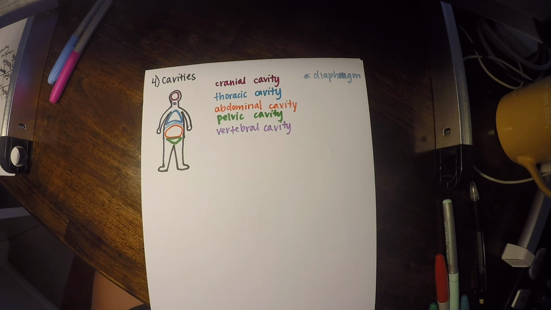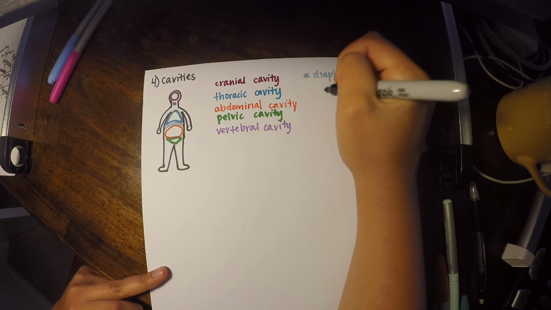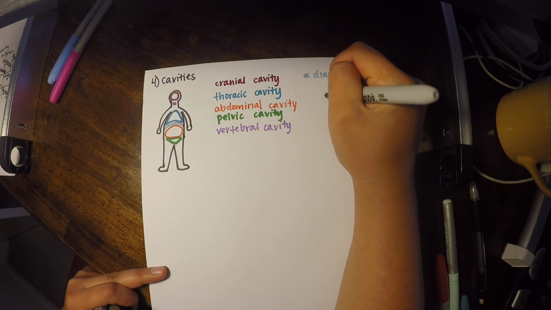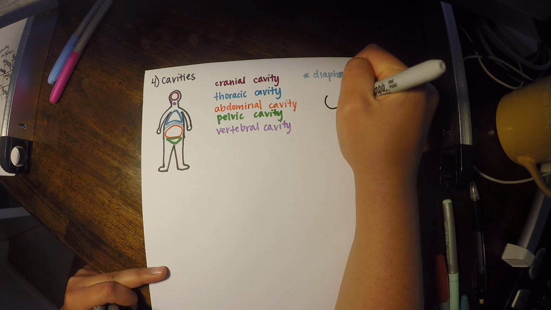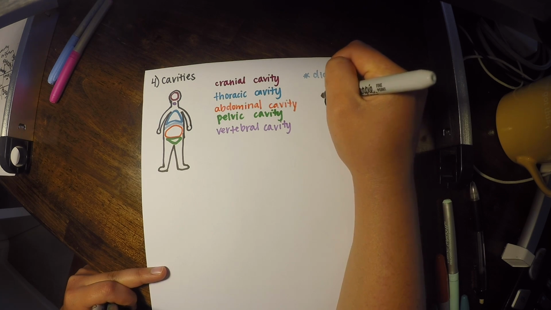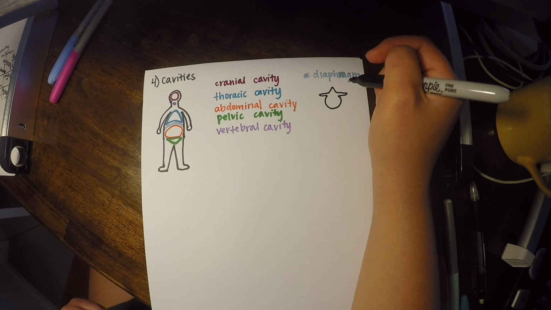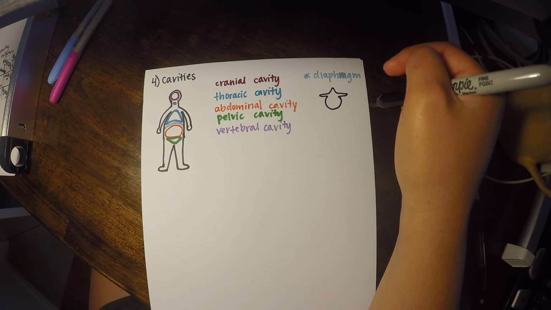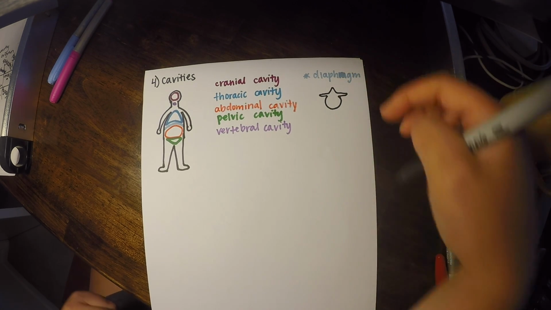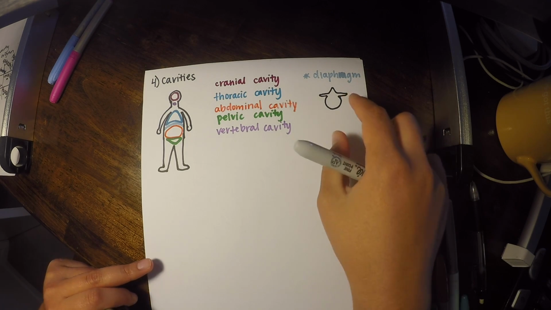I'm going to draw one of them because this cavity goes through the center of that spine bone. So here's our little spine bone to the side. And this is a superior view of this spine bone. So this is as if we're looking through someone.